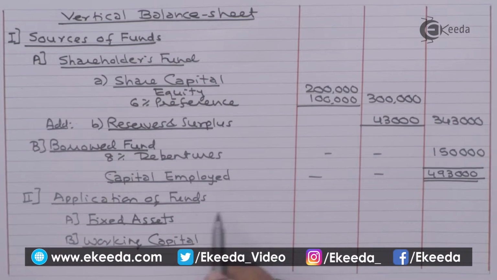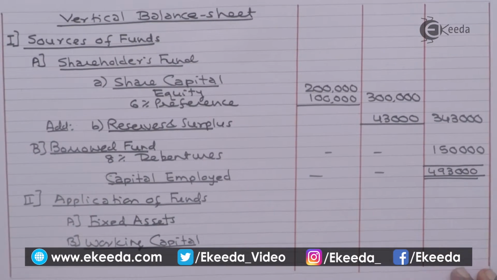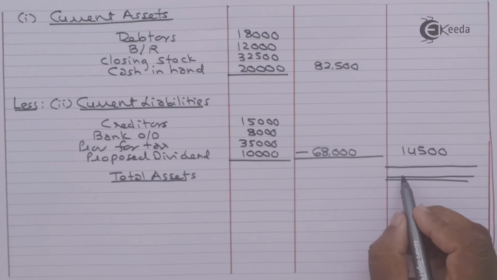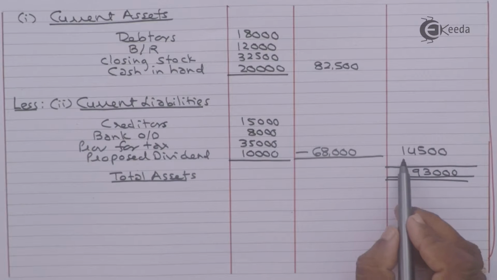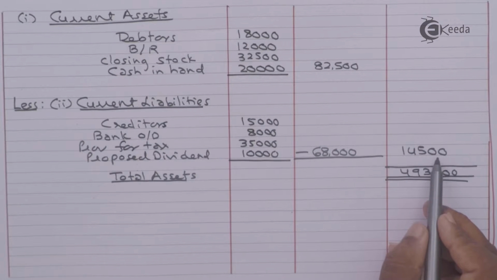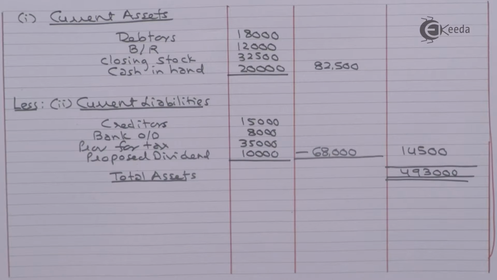Total capital employed is 4,93,000. Therefore, total assets should also be 4,93,000, of which we got working capital 14,500. We don't have figure of fixed asset, so fixed asset is a balancing figure.